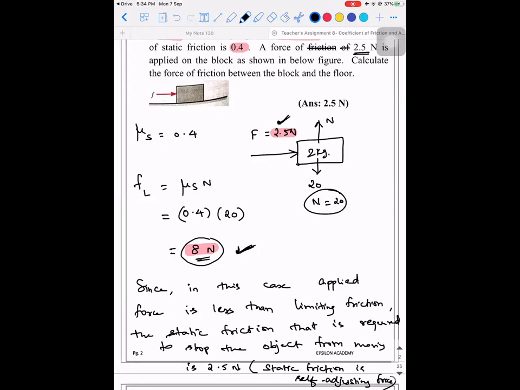Sir, so 8 Newton is the maximum, so the block cannot exert more force than 8 Newton. No, you are getting confused. See, I'm saying 8 Newton is the maximum frictional force that the floor can offer. But how much force are you applying? You are applying only 2.5. So how much is sufficient for the floor to stop it?